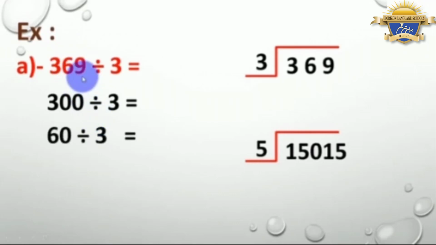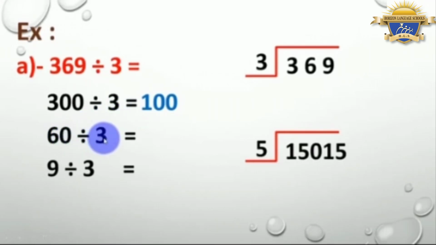Second value 60 divided by 3. Third value 9 divided by 3. 300 divided by 3 equals 100. 60 divided by 3 equals 20. And 9 divided by 3 equals 3.